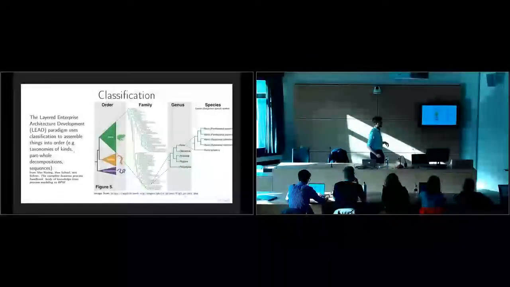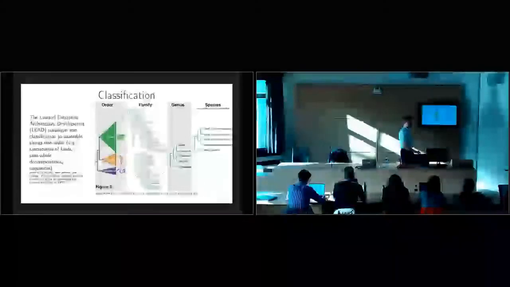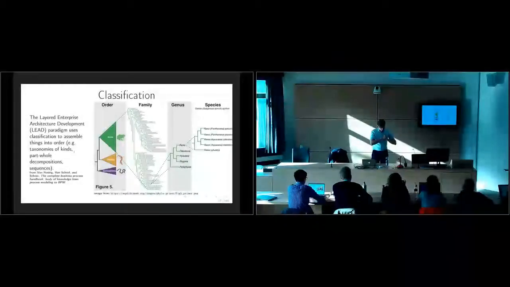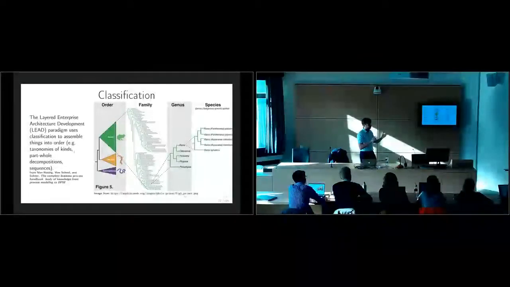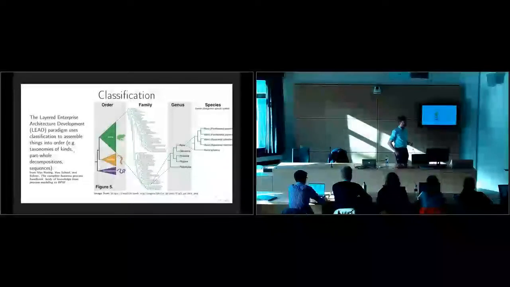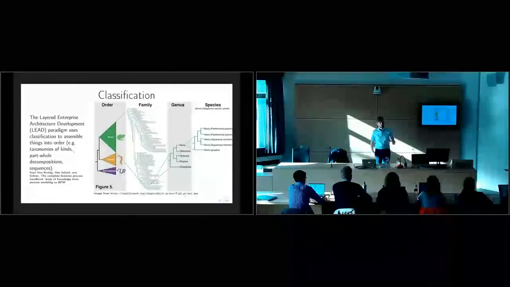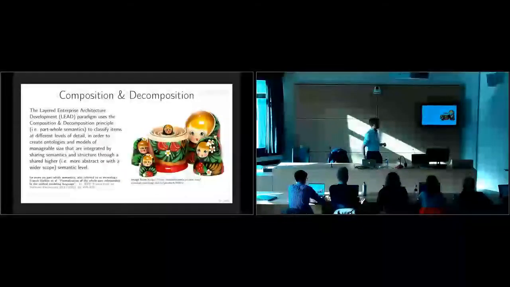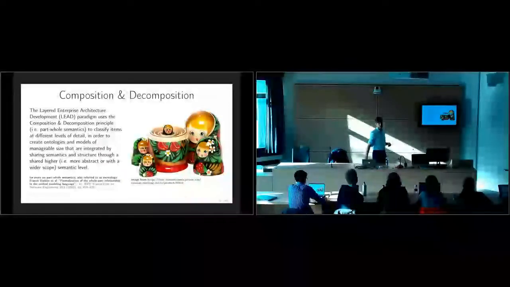Another way that classification is used in the GUA ontology and LEAD ontology is with part-whole semantics. So we use the word classification for composition and decomposition as well.